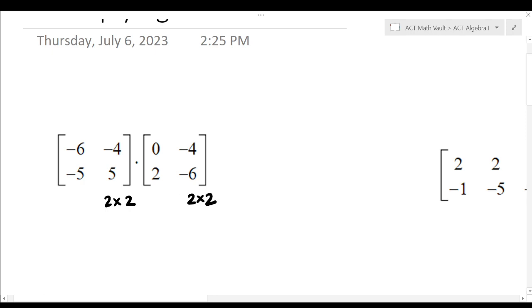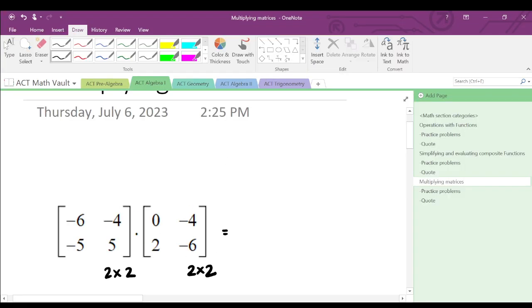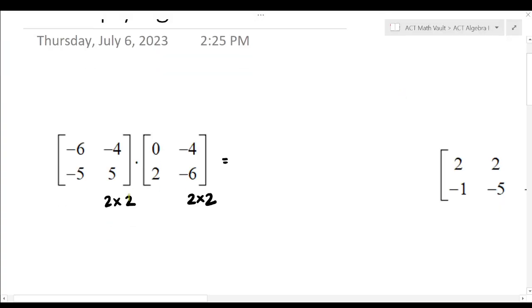To figure out if we are allowed to multiply these, we want to think about what this process entails. I'm going to highlight these two middle ones right here. If those numbers in the middle, and it has to be written in order like this, match, if they are the same number, then yes, you can multiply them.